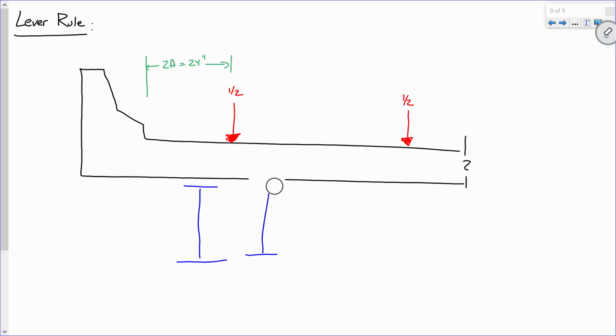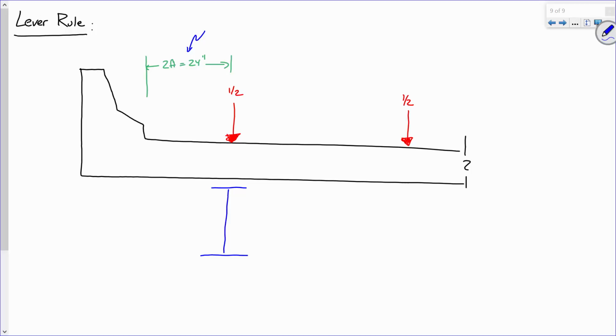I think what a lot of people were doing is they were placing this half of the truck right where the I-beam was. So this distance didn't end up being 2 feet; it was like 30.5 inches or something like that.